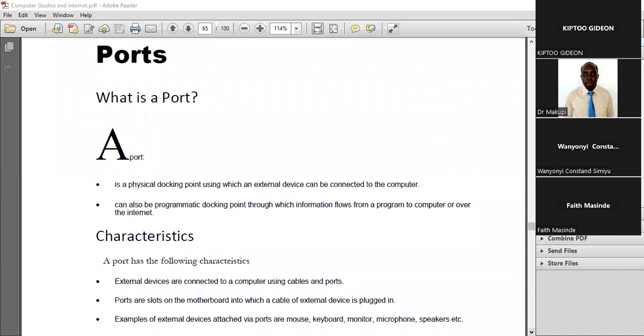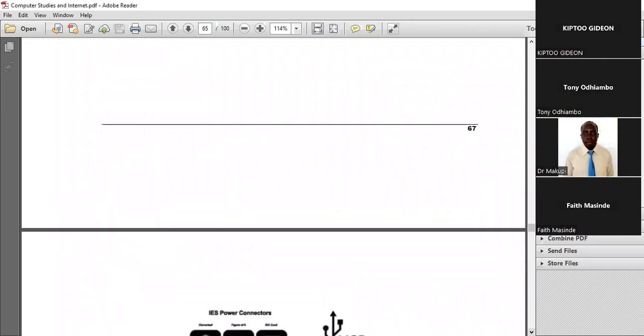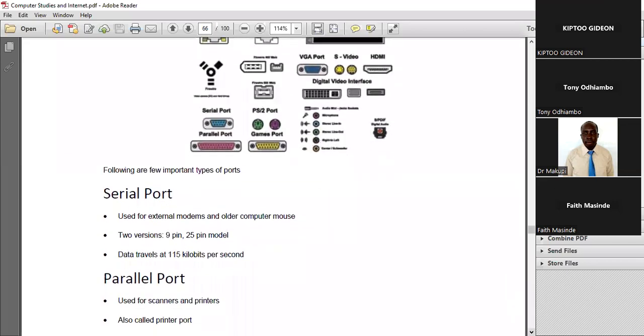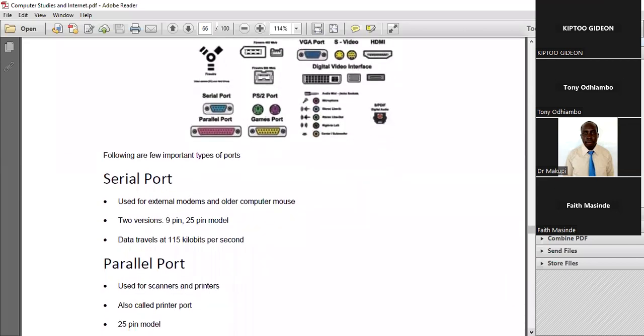Now, we have a range of ports which you need to understand. This diagram shows you a range of these ports. You see, there are a number of ports. One is the serial port, which is normally used for external modems and old computer mice. These are examples of serial ports, the ones I have highlighted.